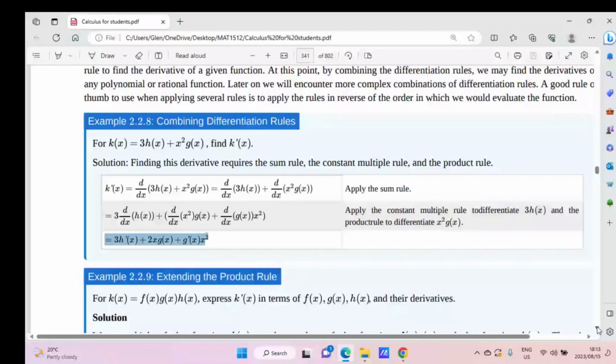Please scroll down a bit more. I did. Just wait for a few seconds. And please do let me know when you see it. Okay, I can see it now, sir. Can everybody see this example 2.2.9? Yes, sir. Thank you.